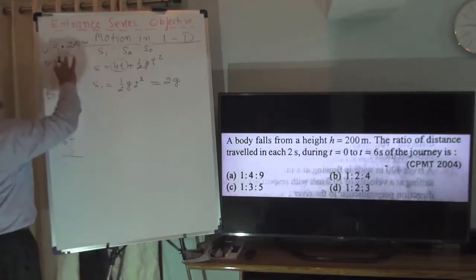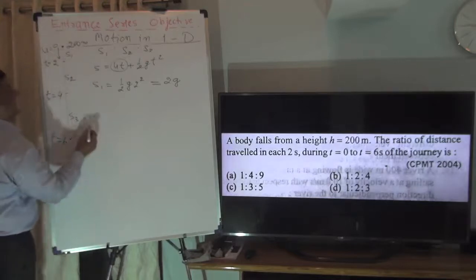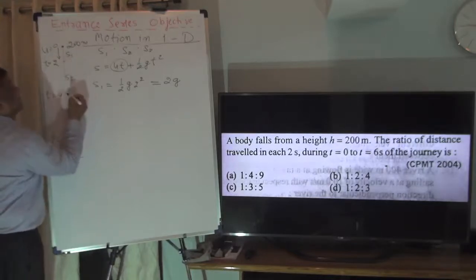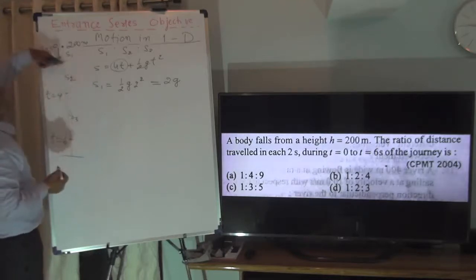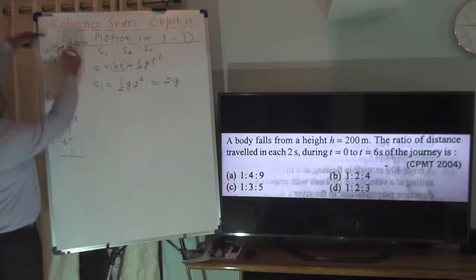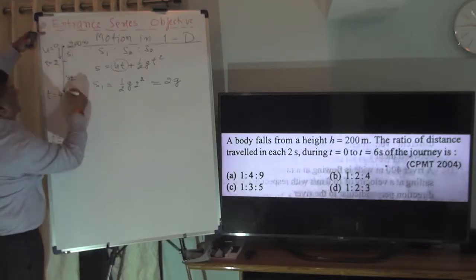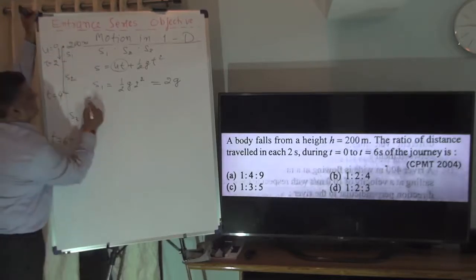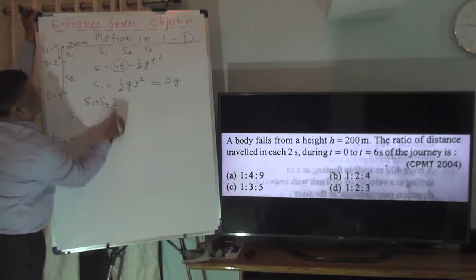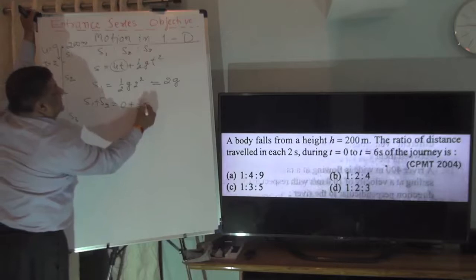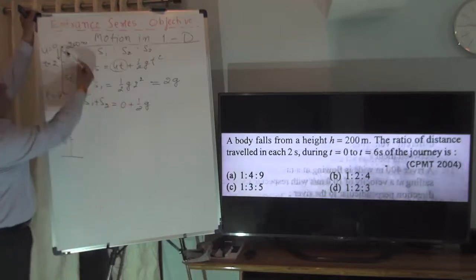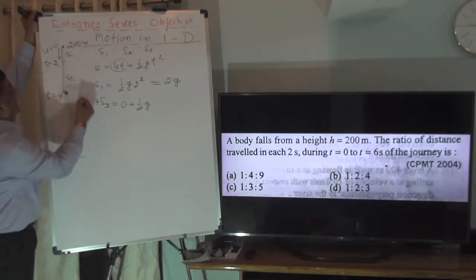Then we have to find out S2. If we try to find S2 directly, we do not know what u is here, but we know what u is here. So we calculate the total height, S1 plus S2. This is equal to again 0 plus half g t square. How much is the time? This time is 2 and this time is 2.